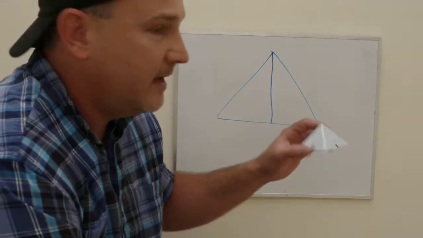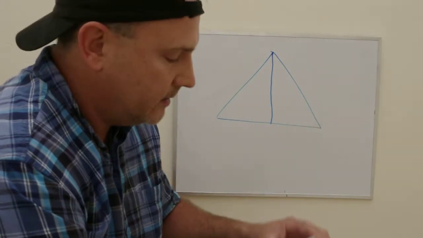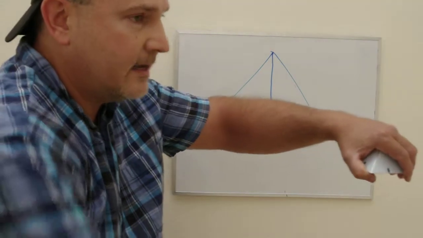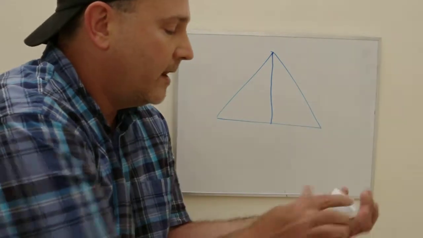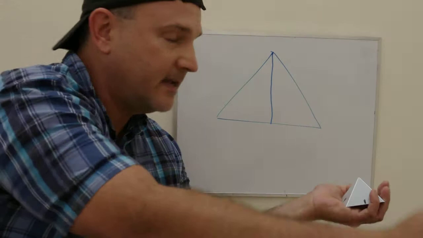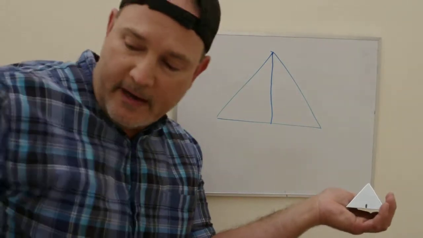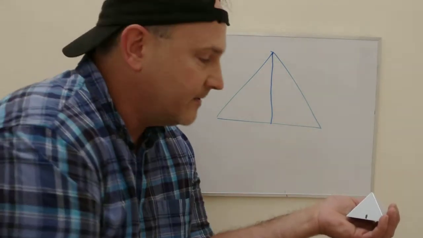Because when I made some pyramids with this mold, I held them like this and I was muscle testing them, and they muscle tested fine. When I held them like this and I muscle tested them again, they didn't test positive to me.